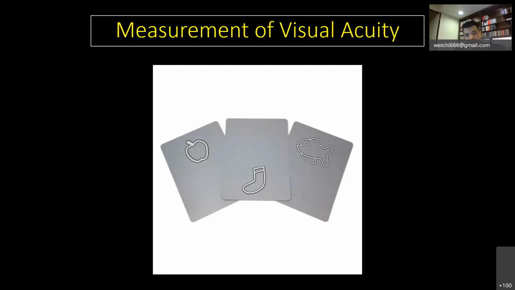For example, we show this card to a young child and ask them, do you know where is the fish? Where is the apple? So that we could have an assessment of these patients' vision as well.